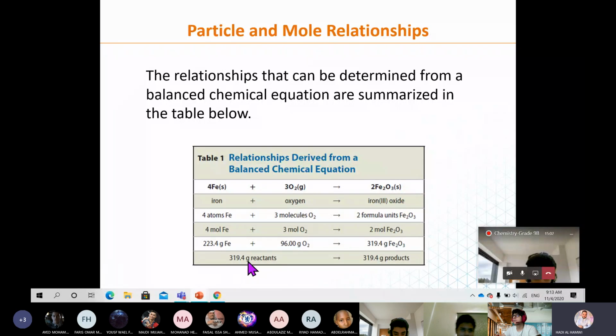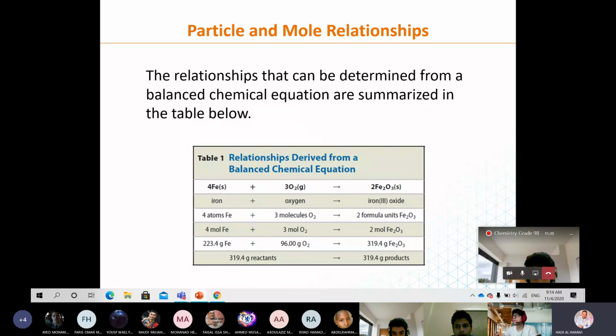Is it volume or what? The mass. So the mass of the products equals the mass of the reactants. We call this the law of conservation of mass.